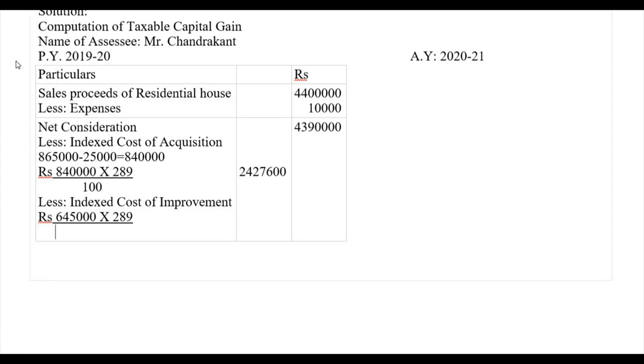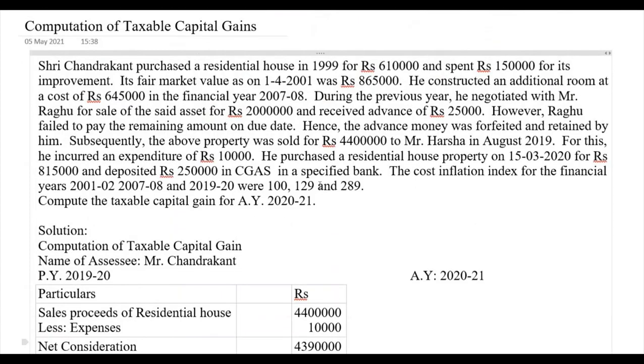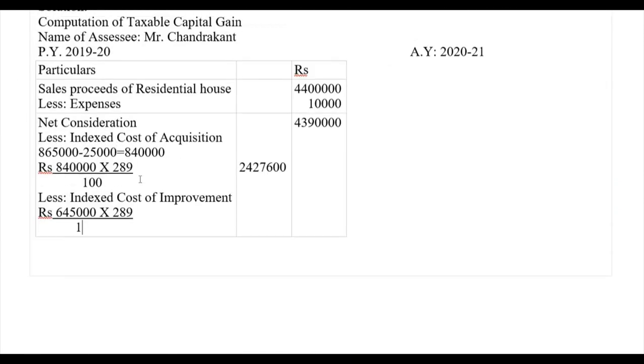So now we need to find out the cost inflation index for the year 2000. The improvement is 78, so 78 we are given as 129. So it is 129. That we are going to arrive at 14,45,000.